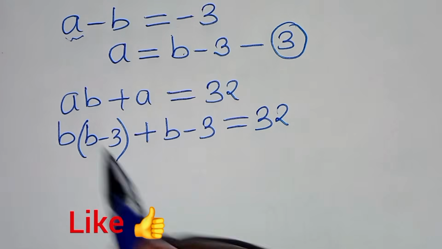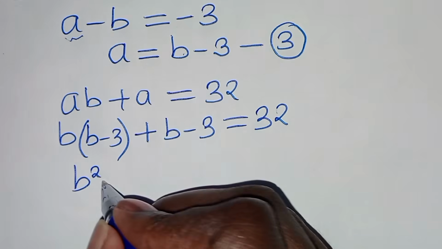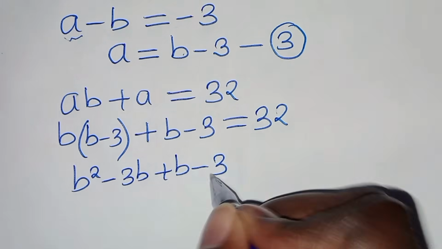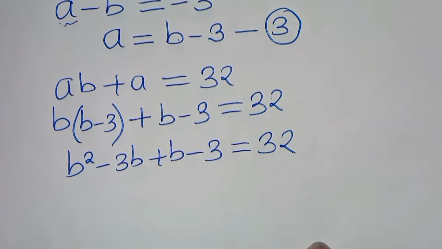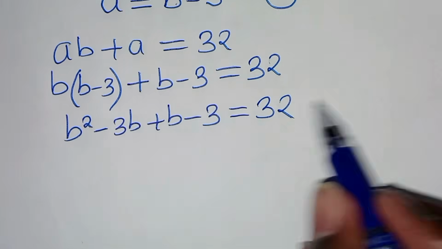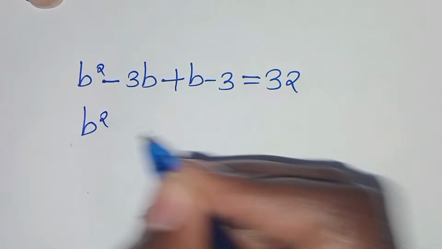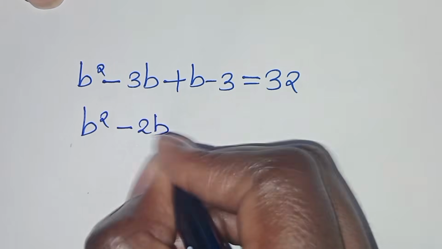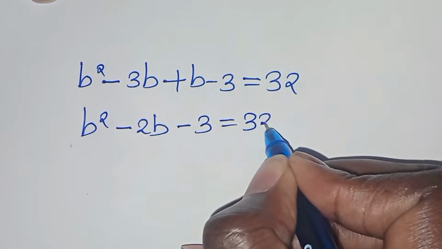So we have B times B, this is B squared. B times minus 3 is minus 3B, plus B minus 3, equal to 32. The next step from here, we have B squared minus 3B plus B, this is minus 2B, then minus 3, equal to 32.